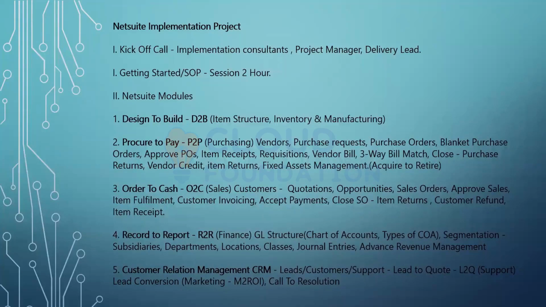And then you can have requisitions. Requisitions come before the purchase orders. I think I messed up the flow here. The flow is requisitions, purchase requests, purchase orders, and then you have your approved POs and item receipts. Once the item receipt is done, a vendor bill is created within the system.